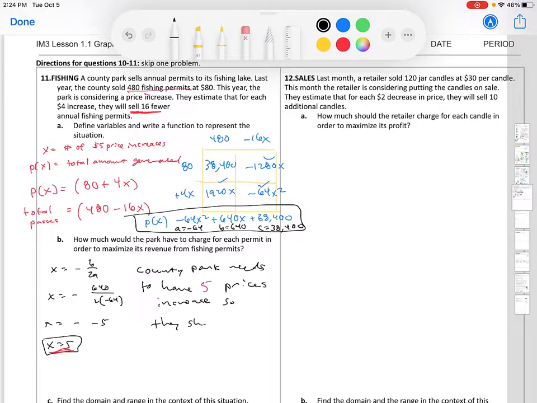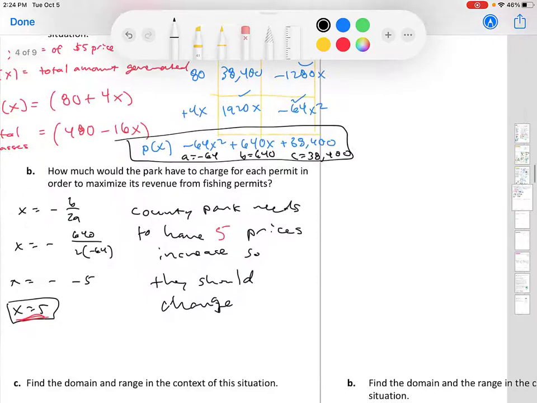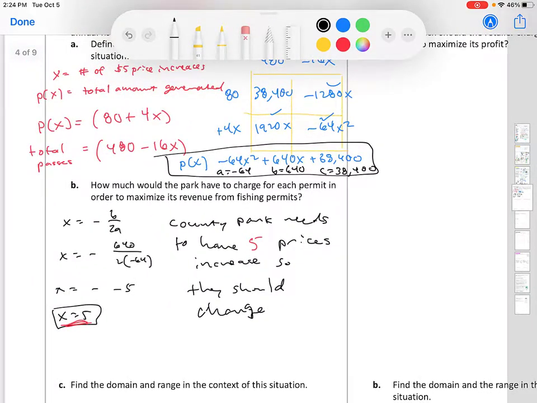So they should charge, so let's put that number back into our function here. We should put in x equals 5. So P of 5, 80 plus. So what's kind of nice is what? They're going to charge $100 per permit.